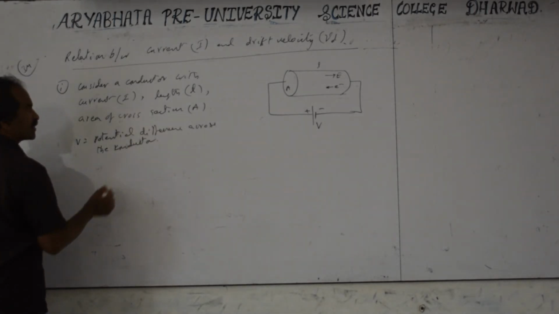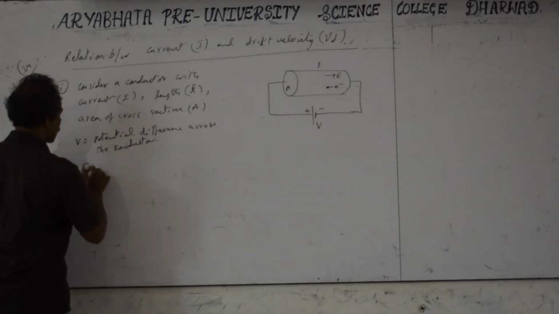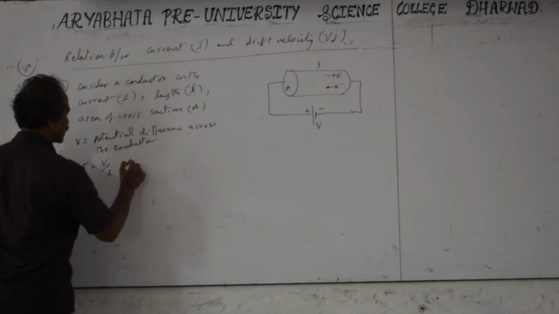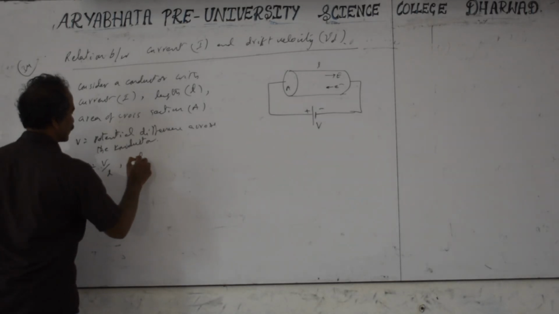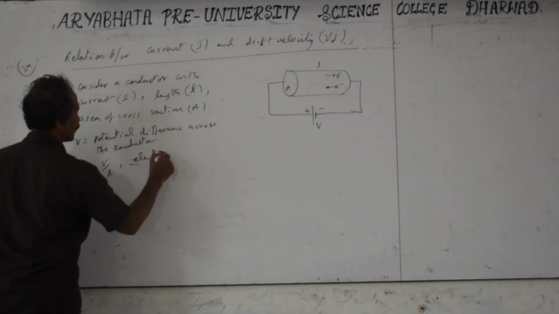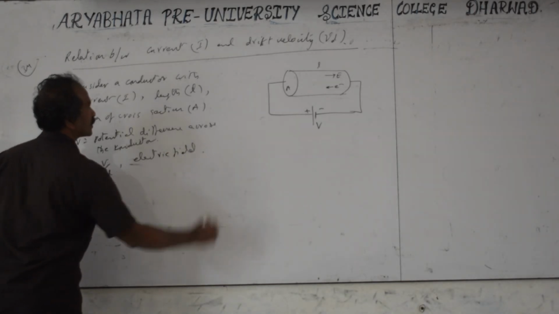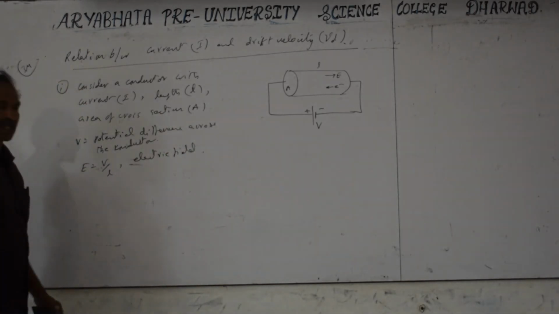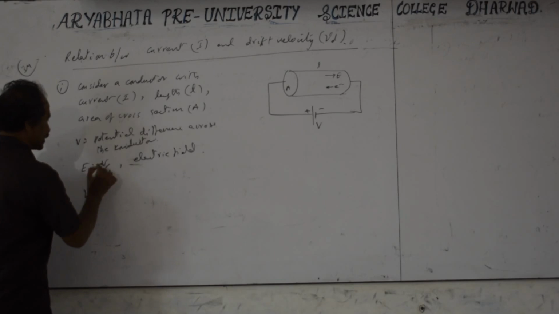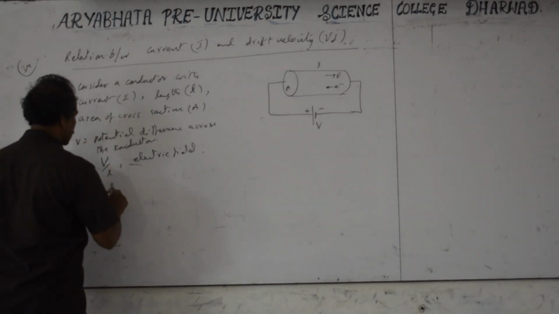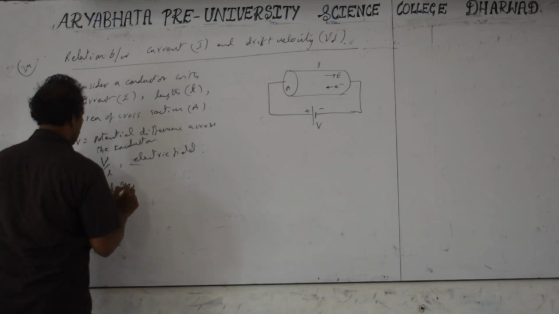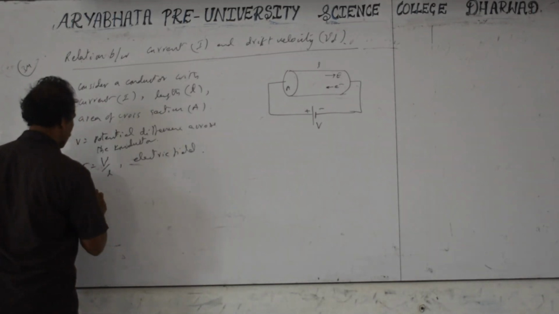Then what happens? The electric field E equals V by L. That produces the electric field and produces the drift velocity. Therefore Vd, with this capital V and this small v. Vd is the drift velocity. What is the formula we have already got?